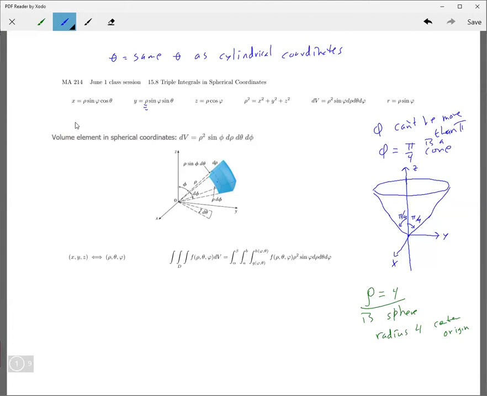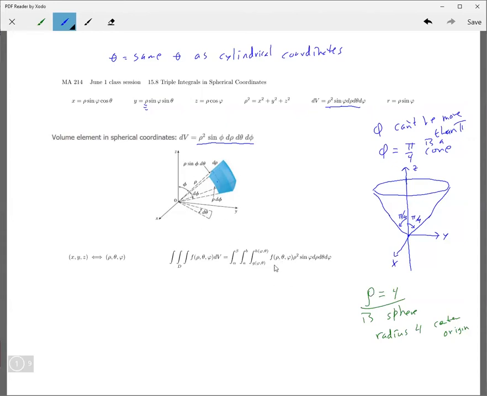Now, the tricky thing is that this right here is the volume. All of this is the unit of volume. So you've got rho squared and you have a sine phi. The reason is they give it in this diagram right here. We're not going to get too much into that.